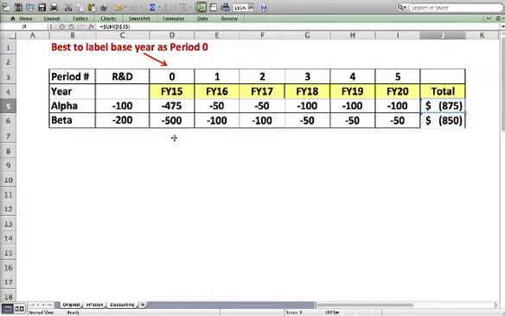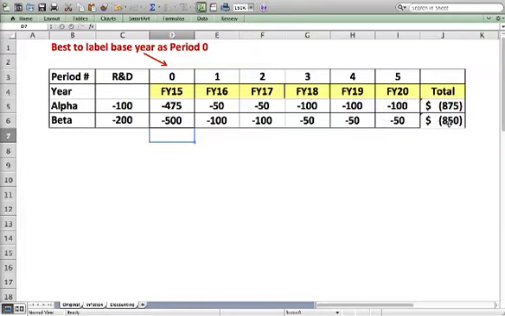If we simply sum up the costs that will be incurred, the first year, FY15, includes both the procurement costs we were given as well as 1 year of O&M costs. Remember, the O&M costs for Alpha were 50 for each of the first 3 years and 100 for the latter 3 years, and the opposite for Beta: 100 for the first 3 years and 50 for the latter 3 years.